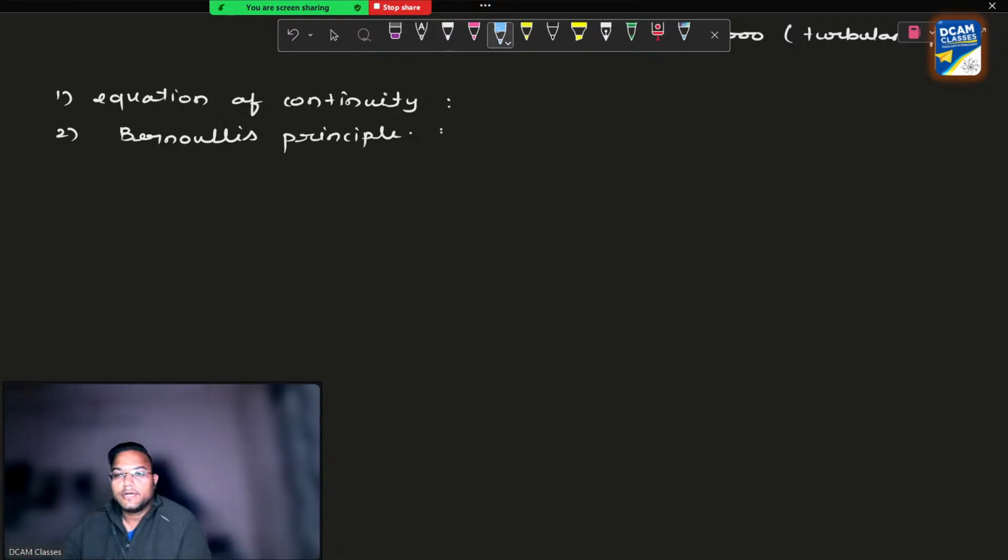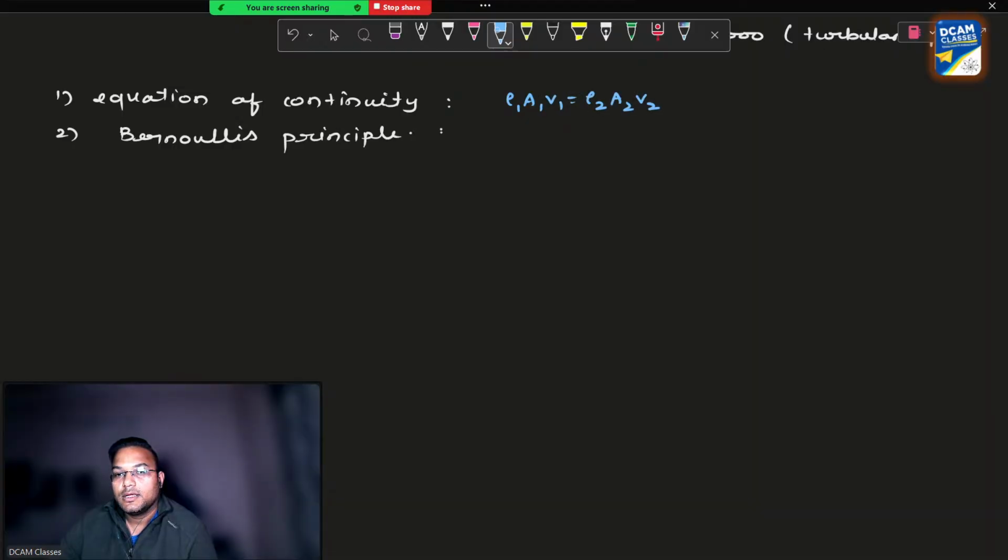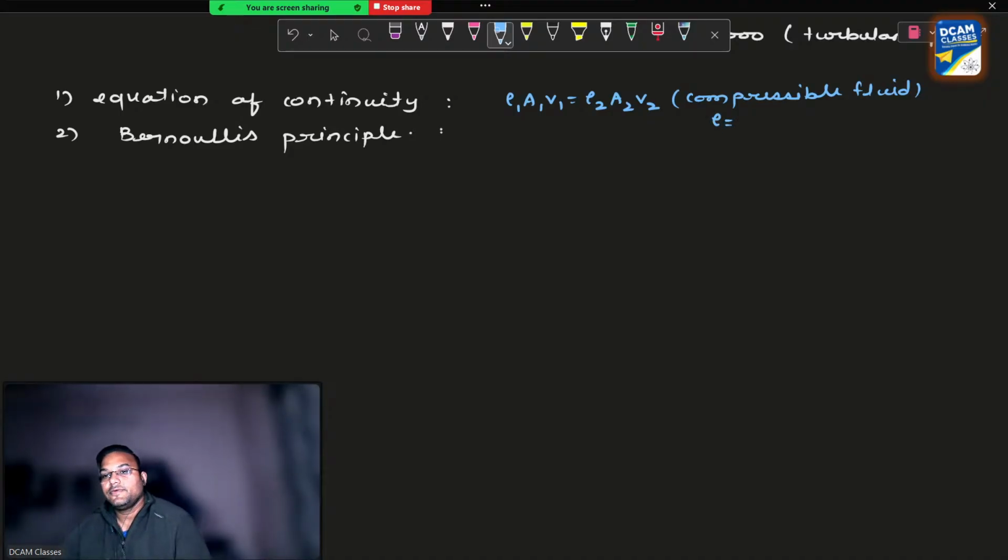The equation of continuity is rho 1 A1 V1 is equal to rho 2 A2 V2, where it's for compressible fluid. Compressible fluid means the fluid which can be compressed, which has different density, where density is not constant. But this is not in your syllabus.